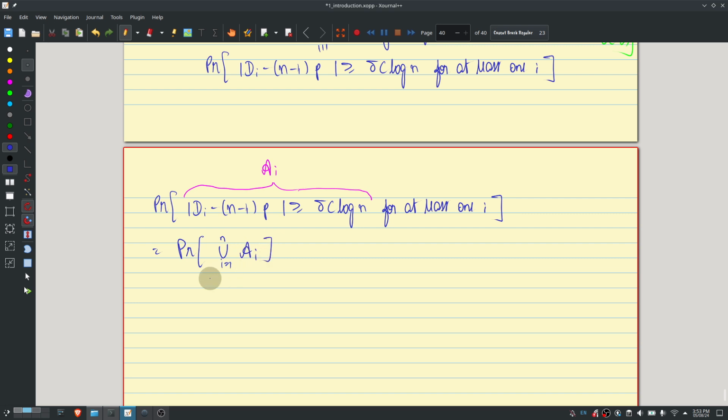And how can you bound the probability of the union of events in terms of the individual events? Summation, right? Just by the union bound. This is less than or equal to the summation over i equal to 1 to n of the probability of A_i. This comes from set theory, but also from the definition of probability.